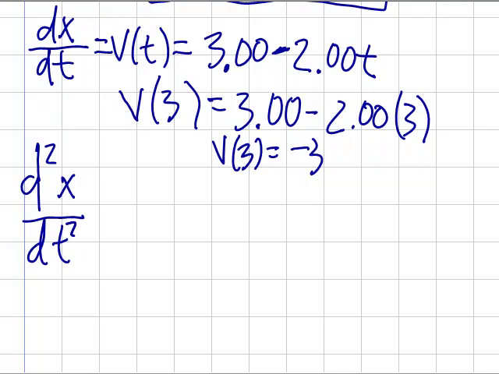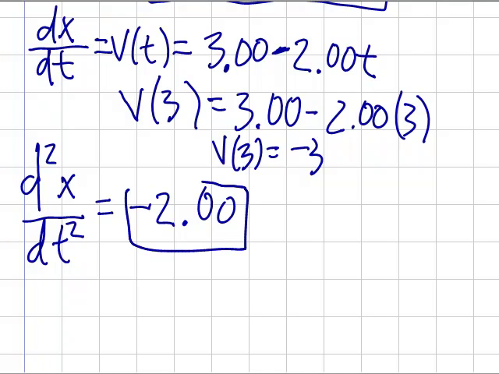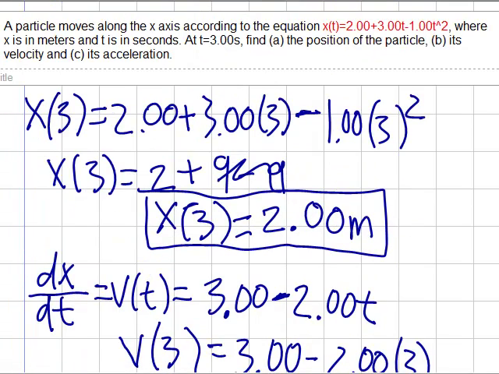We basically drop the 2 on the negative 2t, which makes it an even negative 2. So acceleration, no matter where you are in time, is negative 2. It's just constant. I'm going to box the answer for the velocity at 3 seconds too. That solves A, B, and C.